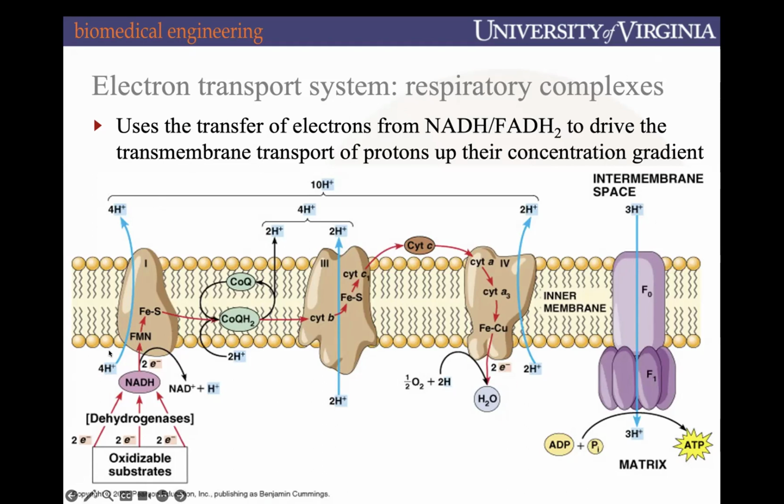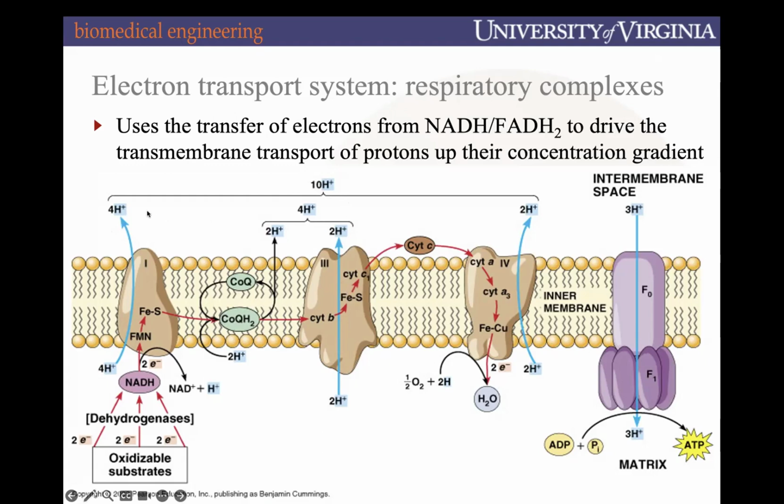So with complex 1, we have 4 hydrogen ions that move across there when NADH is oxidized and donates its electrons. As the electrons move from coenzyme Q over to cytochrome B at complex 3, we get 2 hydrogen ions here and 2 hydrogen ions when coenzyme Q interacts with the electron. So we have 2 from coenzyme Q and 2 from complex 3.